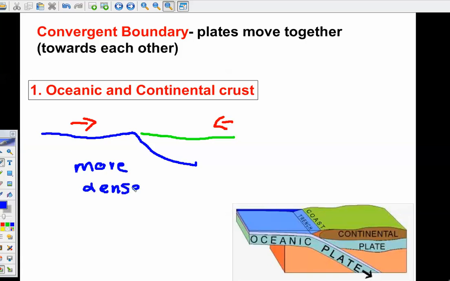If you remember way back to when we were talking about different types of crust, it's made up of basaltic-like rocks, which means that it is more dense, so it will go under the continental crust. And you can see from the diagram here below, that is what's taking place. The oceanic crust subducts under the continental crust. So that is our first scenario.